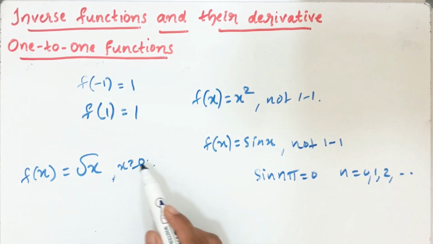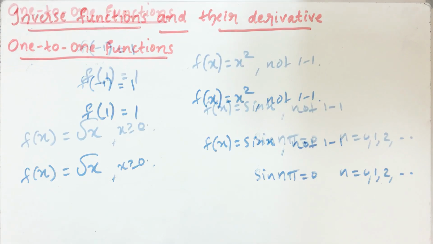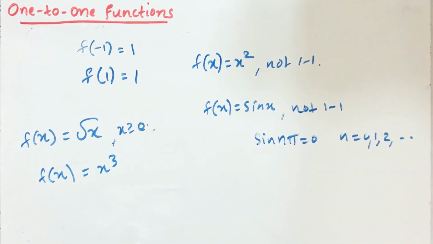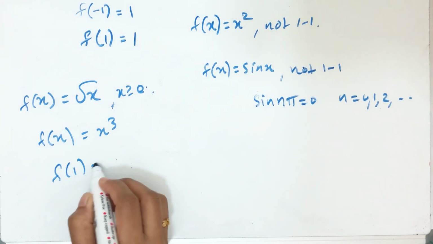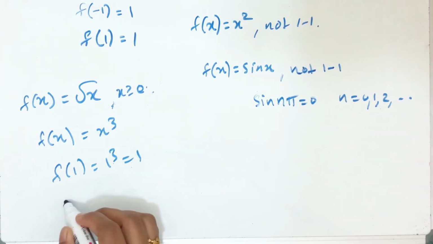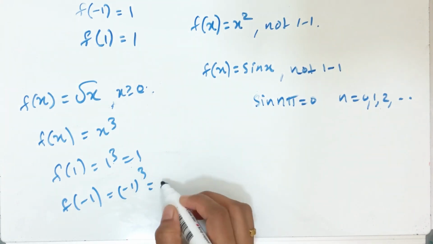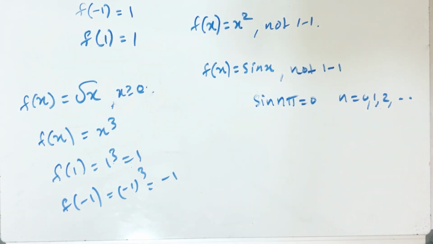So we consider only real numbers. Like that, f(x) is equal to x cube. f(1) is equal to 1 cube, that is equal to 1. f(-1) is equal to (-1) cube, that is equal to -1. Like that, if we take any two distinct values, it will have a distinct image or unique image.